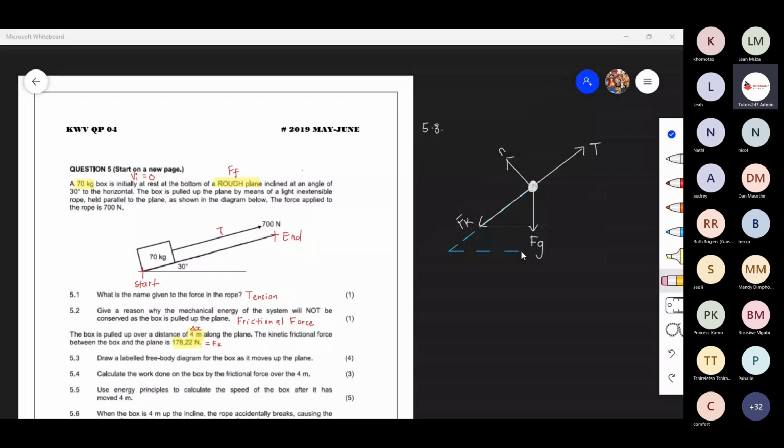Okay. So our next question, we have question 5.4. Let us start by reading the question. Question 5.4, calculate the work done on the box by the frictional force over the 4 meters. So this is a nice question.